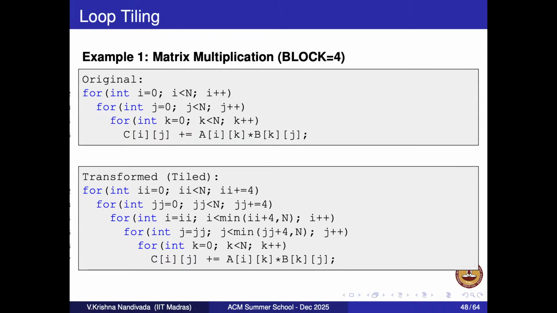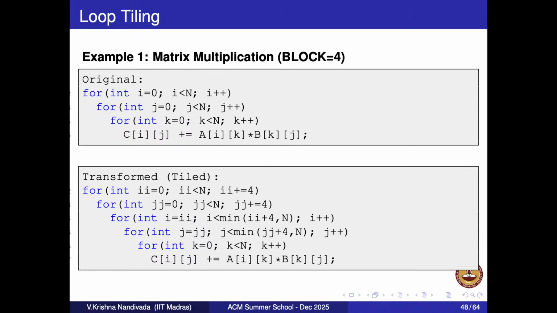So this is what I am doing. My I loop and J loop looks scary. So here I want to tile 4 elements at a time.